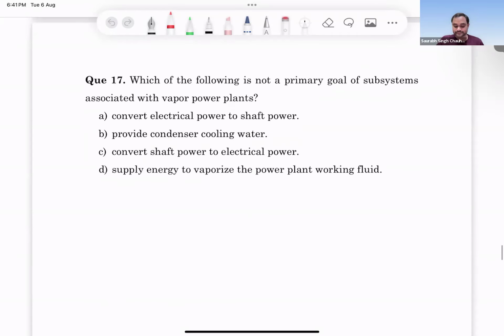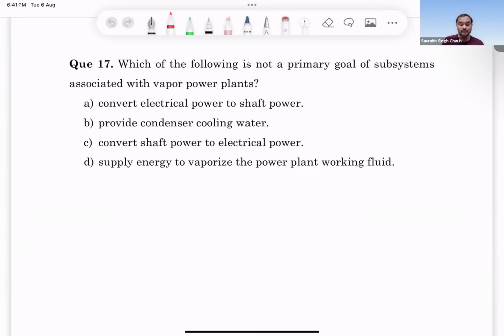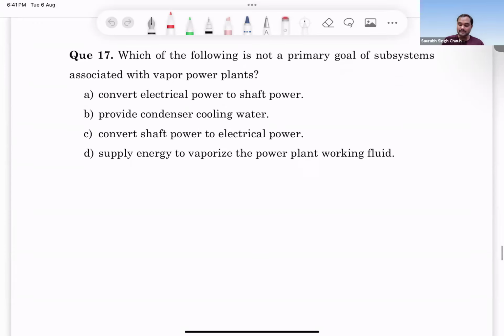Question number 17 says, which of the following is not a primary goal of subsystems associated with vapor power plants? So what is the primary goal of a vapor power plant? The primary goal is that we convert heat into work.